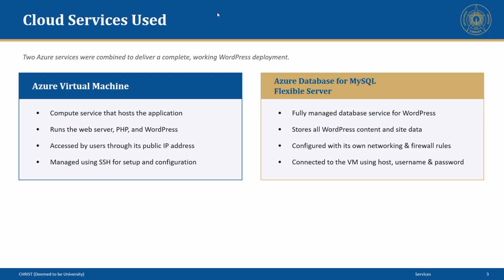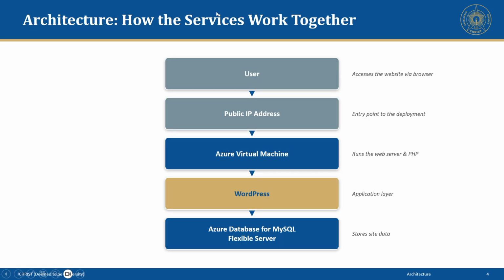The second service was Azure Database for MySQL Flexible Server. This was used as the backend database for WordPress, where the website's data is stored. Therefore, the virtual machine handled the application and web server side, while the MySQL flexible server handled the database.